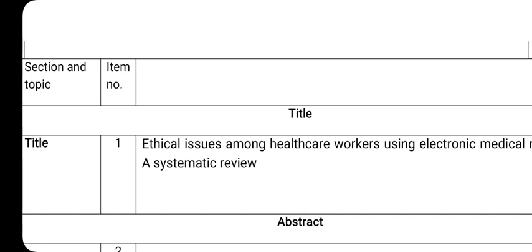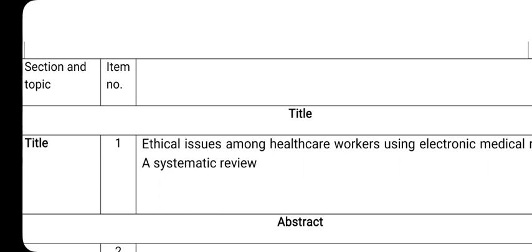The rationale of this systematic review is that worldwide, the integration of electronic medical records is increasing in hospitals. The digitalization of the records has increased, which poses several ethical issues among healthcare workers, like privacy issues, the autonomy, beneficence, fidelity, and several others.